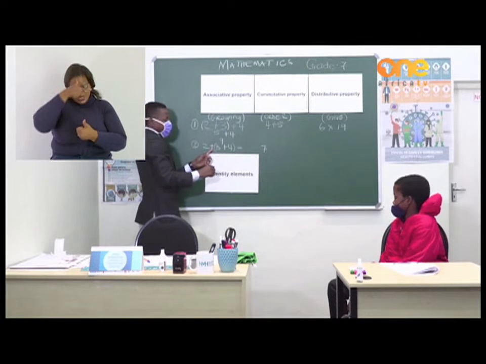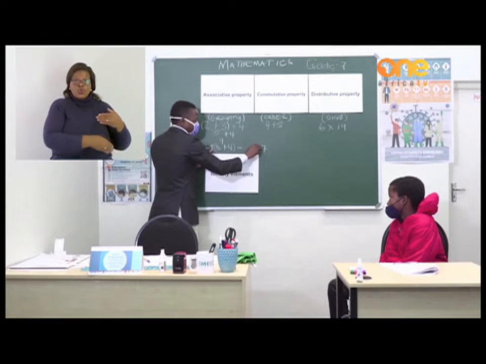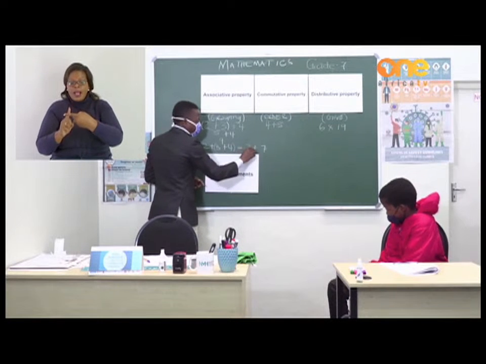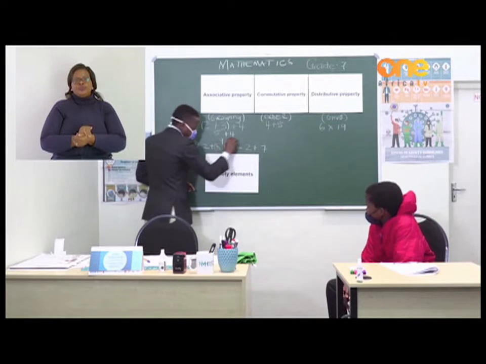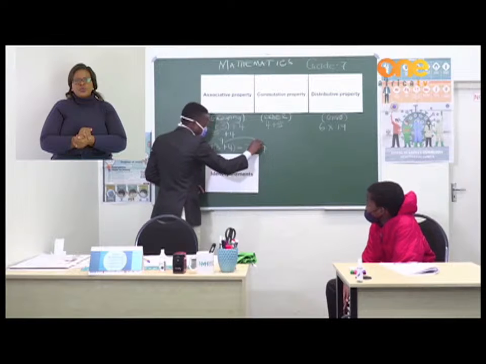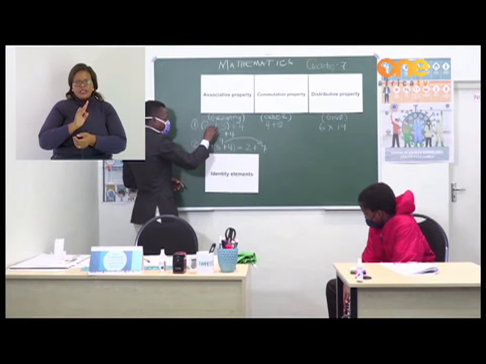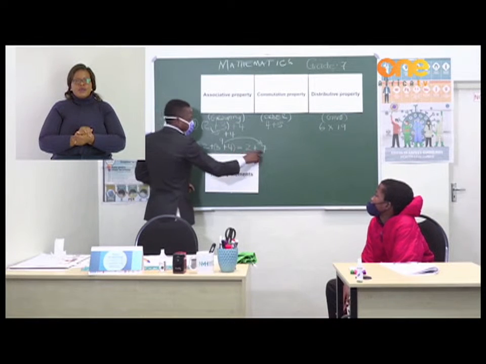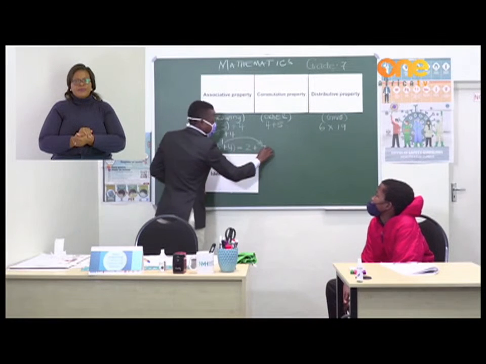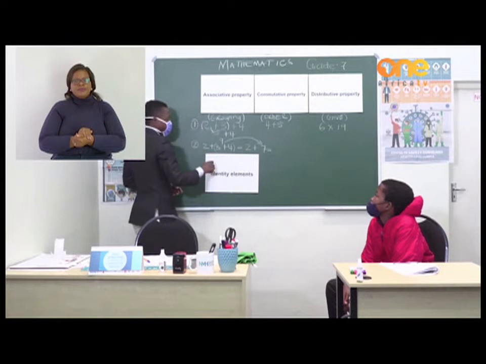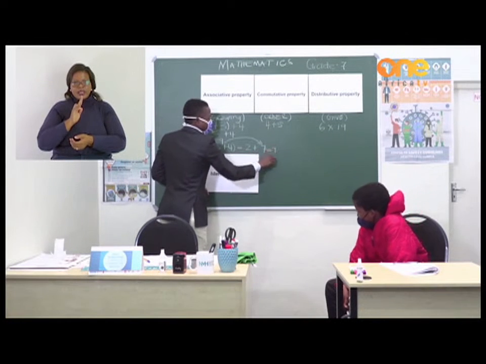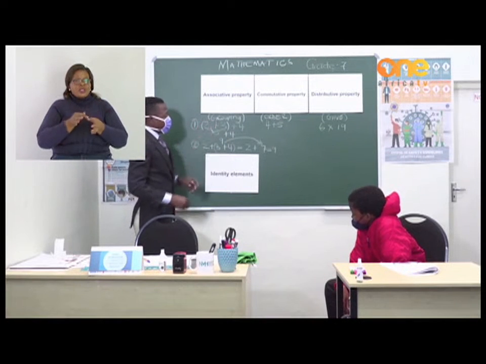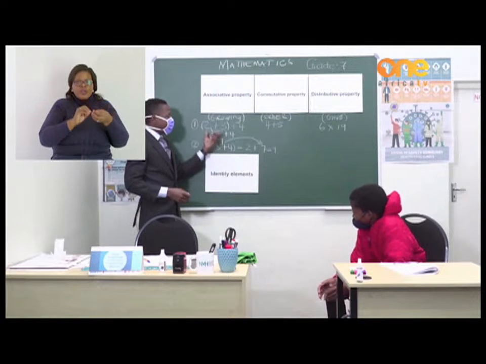Remember, there's addition here, and then there's 2 here. So these happen to give me this answer, and of course, this one happened to give me that answer. So from there, I can work it out and get my answer, 9.